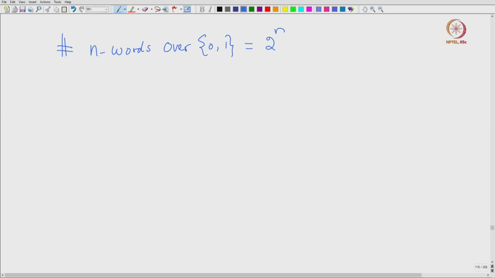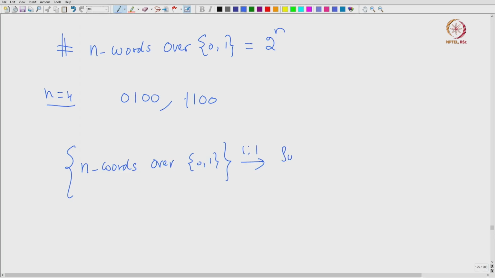For example, when n equals 4, we have something like 0 1 0 0, which is a word, and similarly 1 1 0 0, which is a word. We also established a bijective correspondence between the n-words over 0, 1 and the subsets of the n-set I n. There is a bijection between the n-words over 0, 1 and the subsets of I n.